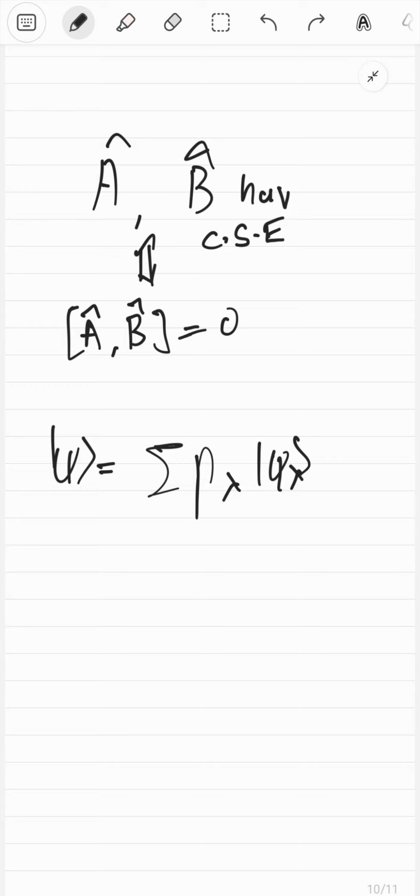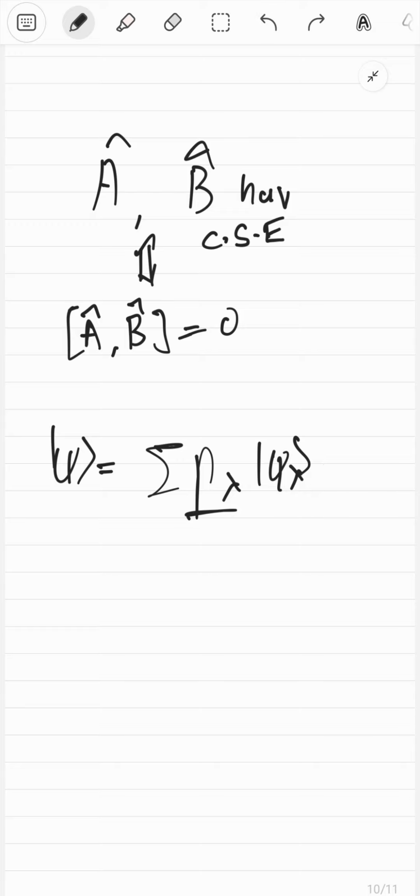The probability of a being lambda is exactly this thing. Since you expressed it like that, and these are also the eigenvectors of b, they don't have the same eigenvalues though. Although they are the same eigenvectors, this might have value lambda for a and value mu for b or something like that.